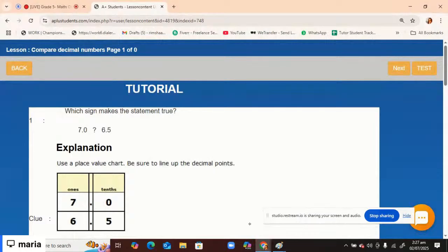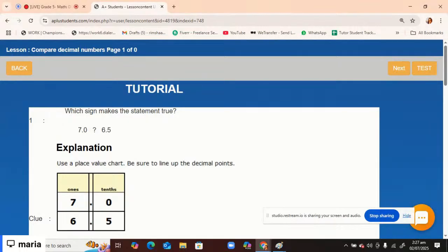Which sign makes the statement true? Now we check it out. 7.0 or 6.5?